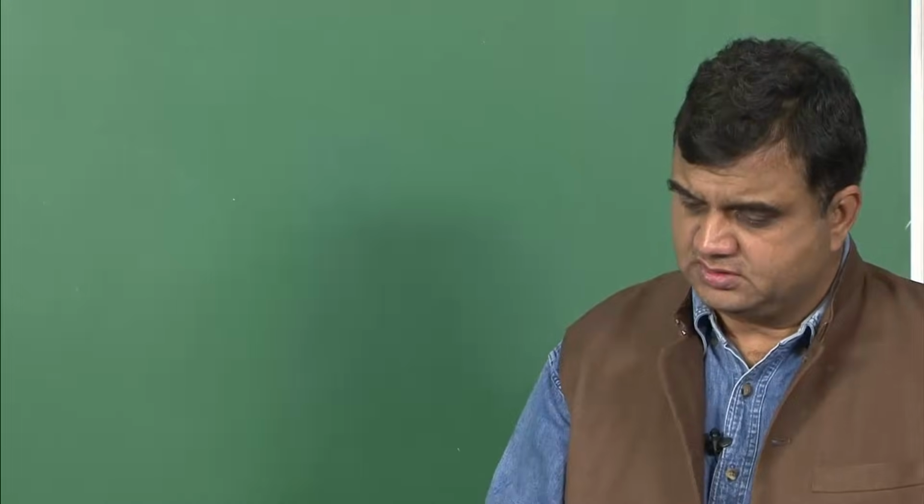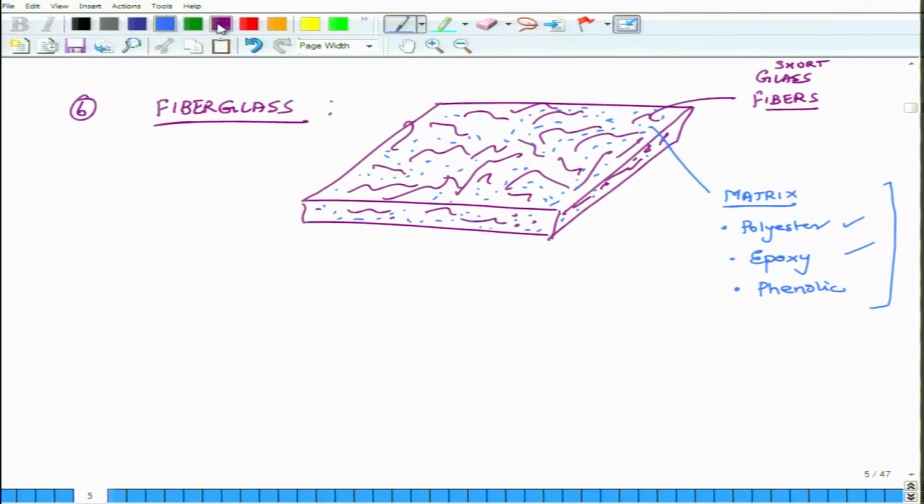So, again, because these are made from fibers, this is again an example of fibrous composite. So, fibrous composite, and it is a short fiber composite.